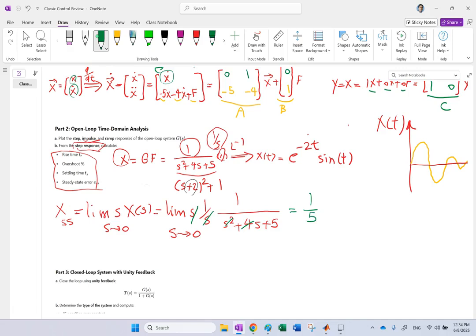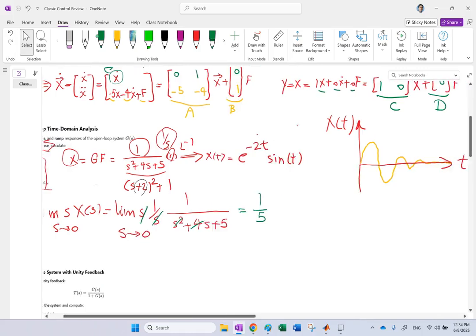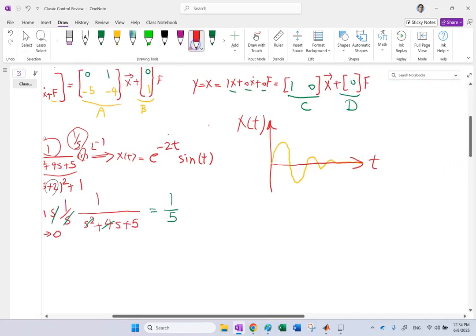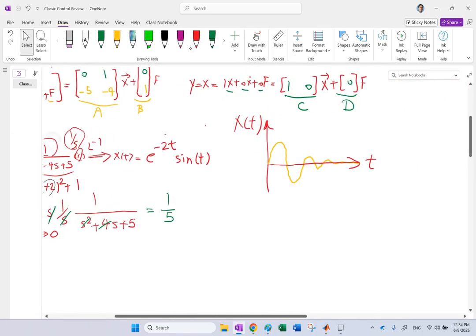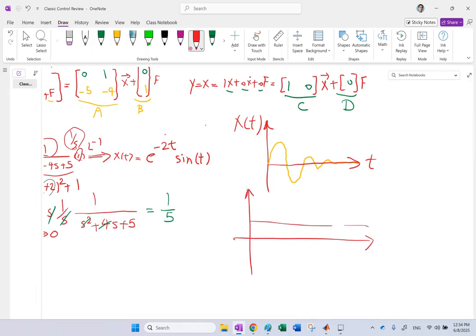So 0.2 is the number that your system will basically settle around. So if you want to plot the step response of the system, if this is 0.2, your response will start from here, and then it goes up, and then it goes down, and goes like that.